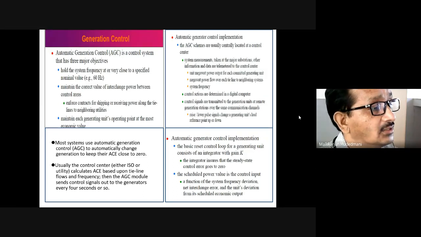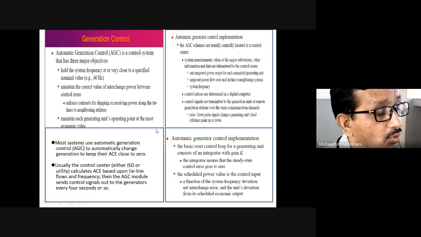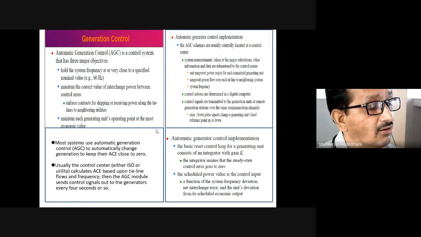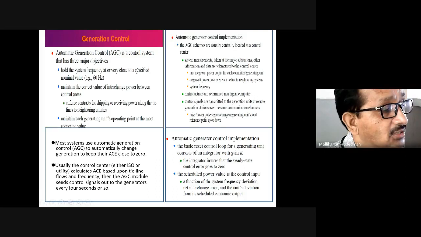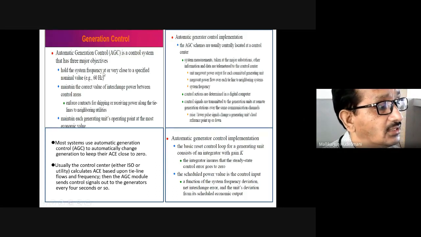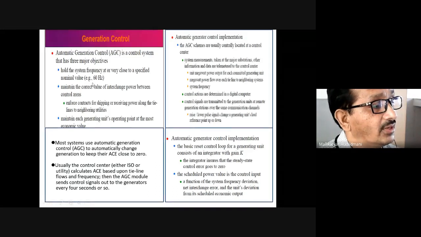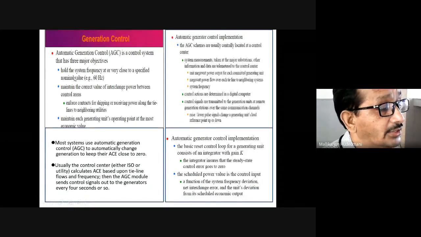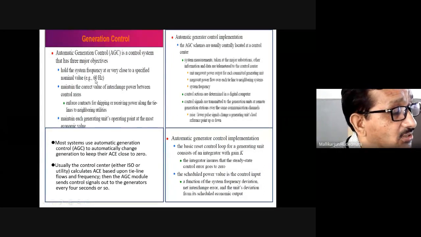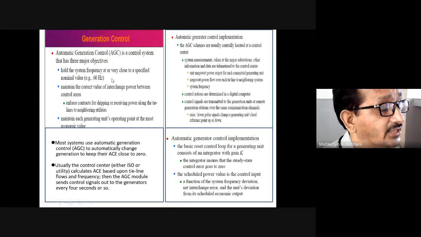Automatic generation control is a computer control of generation and delivery of power to the load, in which the AGC has objectives like it should maintain the frequency very close to the specified value, for example 60 Hz, or 50 Hz in this continent.